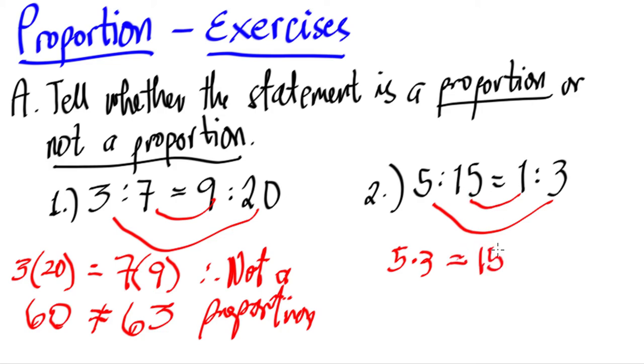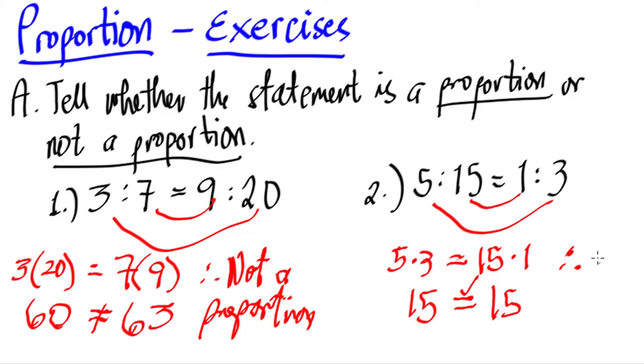I think 15 times 1 is just 15, but for the sake of showing that it's multiplying, let's show it like that. So 5 times 3 is 15, which is equal to 15 times 1, which is just 15. We can see that they're indeed equal. So we can say that number 2 is a proportion.